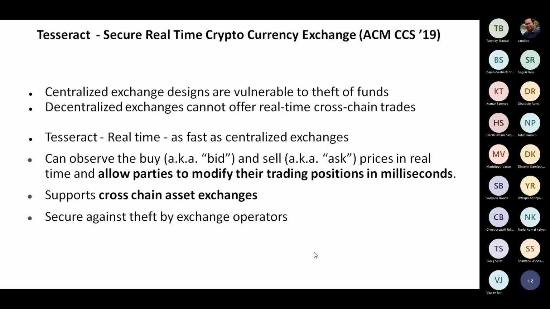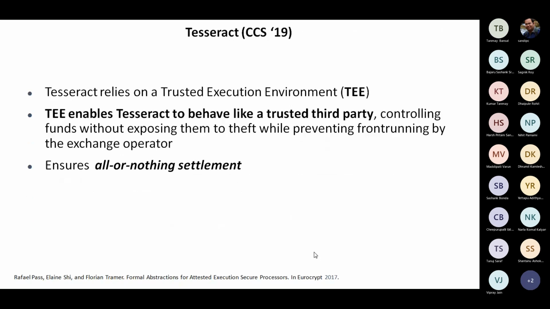So as I said, it tries to address the vulnerabilities of centralized exchanges, and at the same time it offers real-time trading abilities to its users. It will take a bit of time, so instead of going into its details, I will stop here.